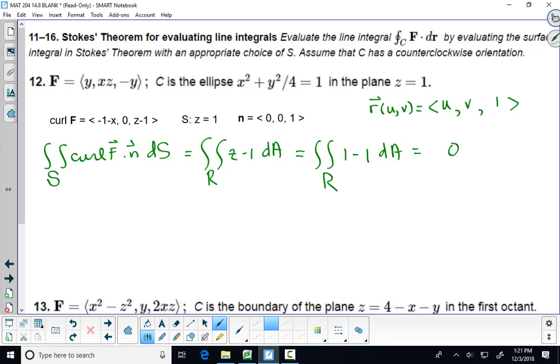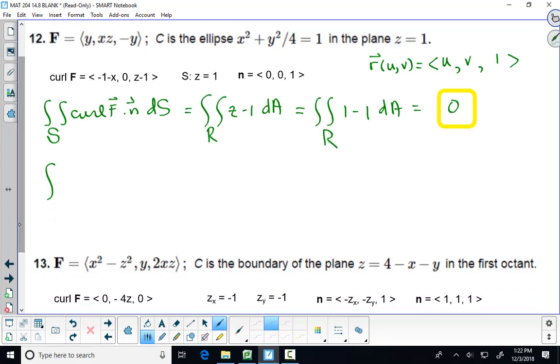Now, if we want to do it using the line integral side of Stokes' theorem, then we have to parameterize the curve, and then we do the dot with r prime thing. So let's try that. The line integral side of Stokes' theorem, so that's this thing, the F dot dr. All right, so we parameterize our curve.